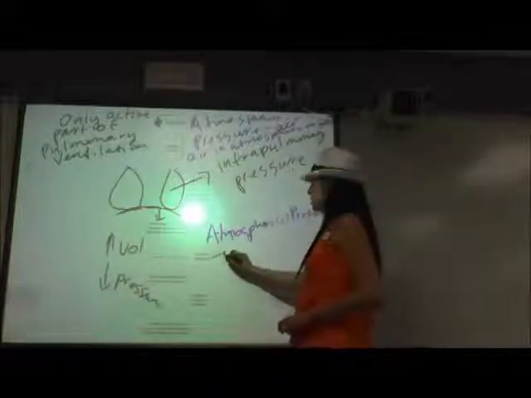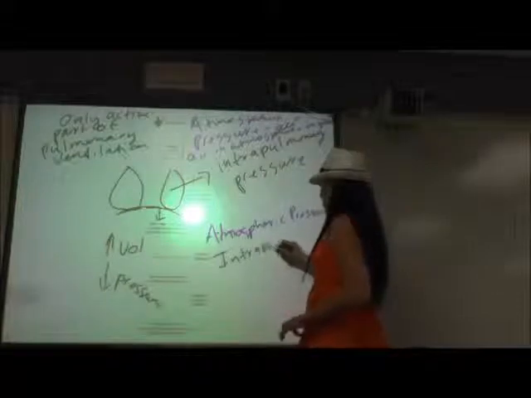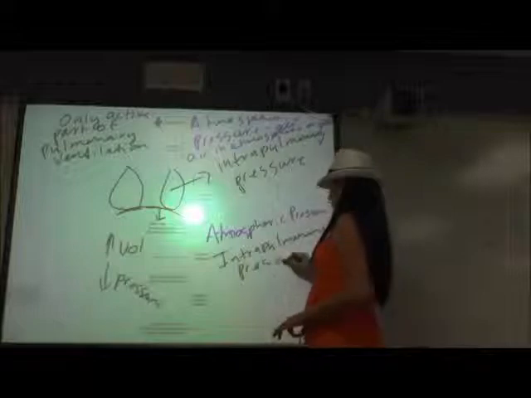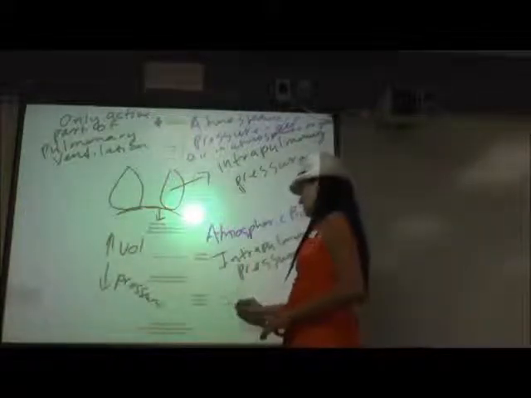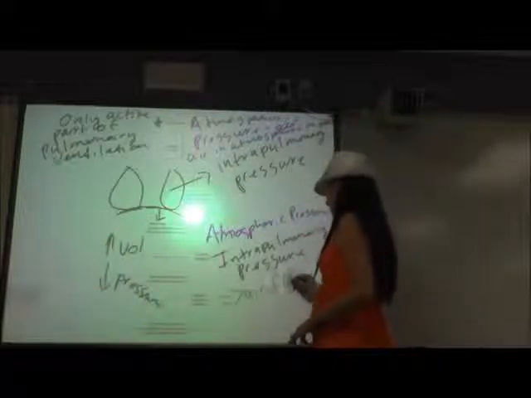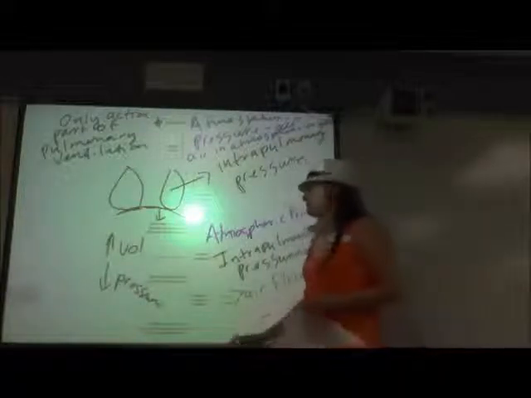So we can say atmospheric pressure is greater than intrapulmonary pressure, and the result is air flows into your lungs. Why? Because one of our laws of physics is that gas moves from an area of high pressure to low pressure. So when we've increased the volume in our thorax, and we've decreased the pressure, our intrapulmonary pressure, atmospheric pressure will exceed it and air will flow in.